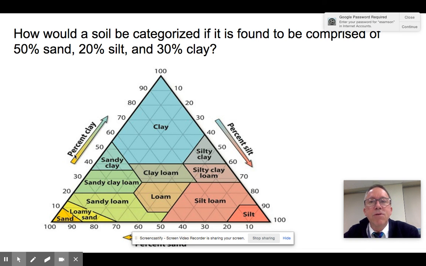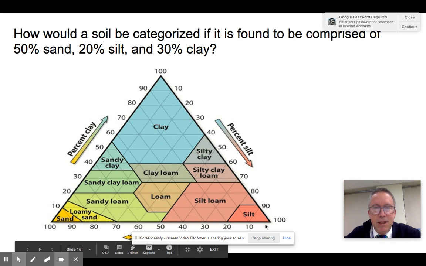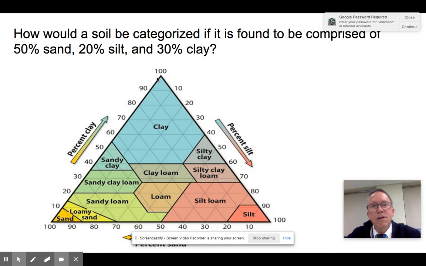How would I categorize the soil if I found it was comprised of 50% sand, 20% silt, and 30% clay? So I'm going to go to the sand axis here, okay? And I'm going over to 50%. So here's 50%. So this is my 0 line for sand here, right? So I go to 50, and I draw this line here, okay? And then I would go to 20% silt. So here's silt. I go to 20%.